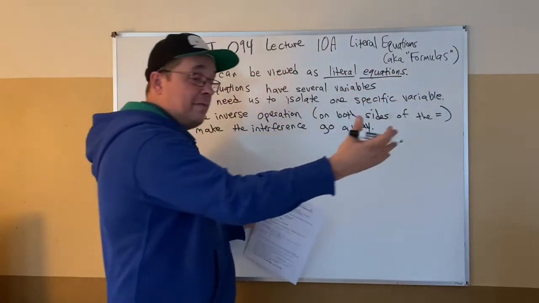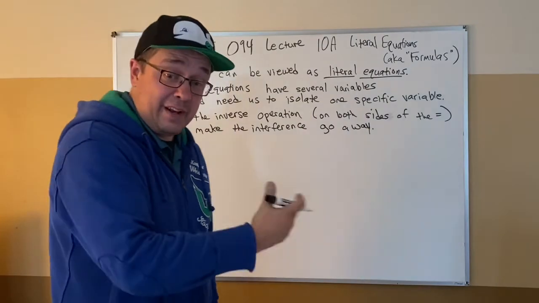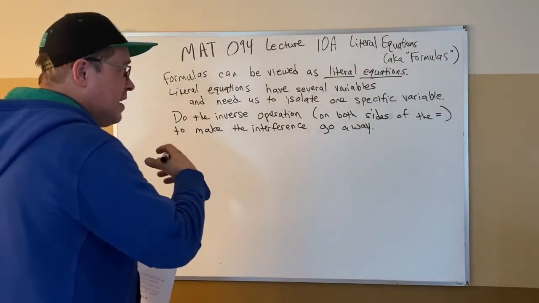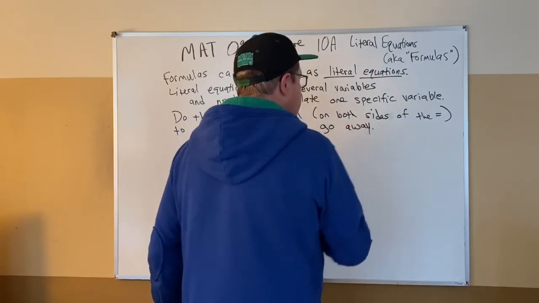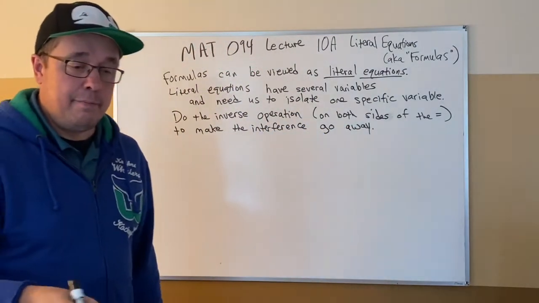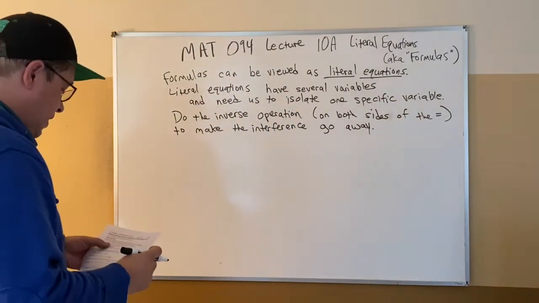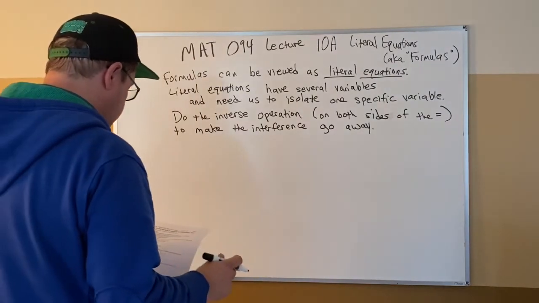Now, it will show up sometimes on the other side, right? That's what happens. We've got to get the interference away. The impact is moved over to still have the outcome based on the same reality, but it's on the other side. So this gets a little weird when there are so many letters.